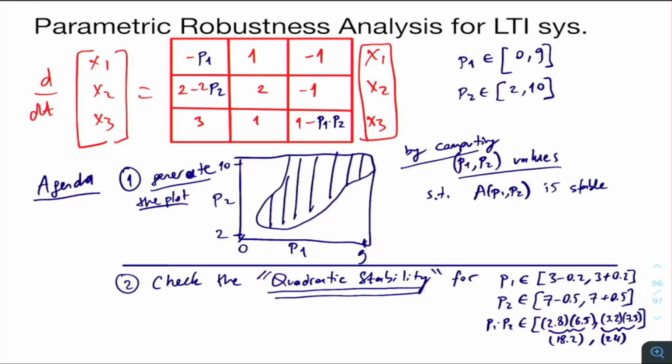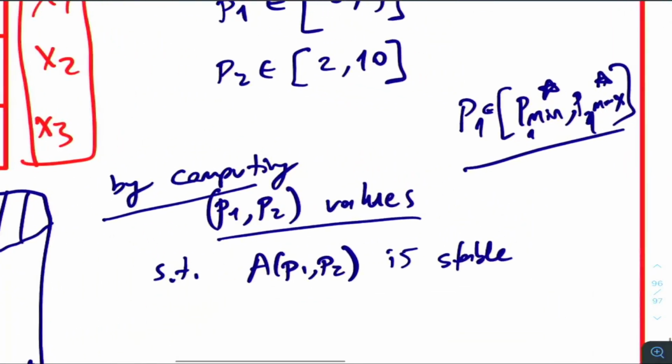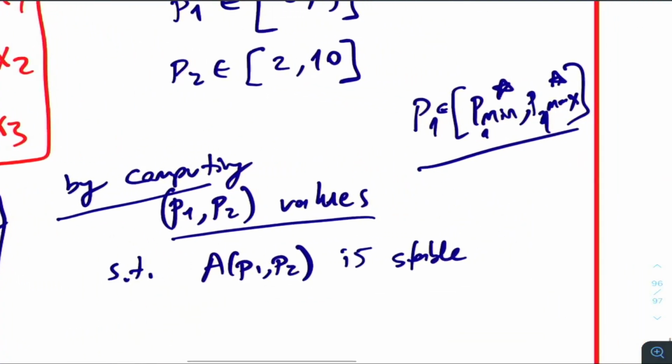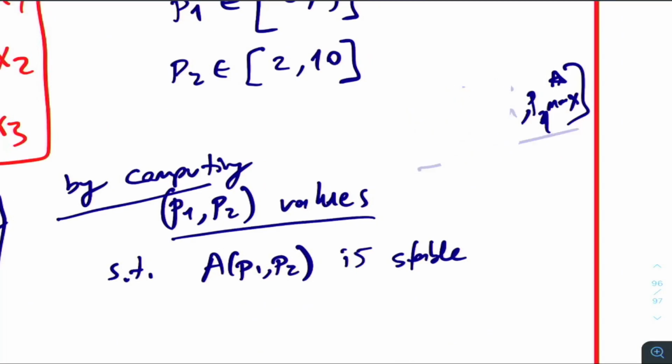However, our system might, for example, be only stable for P1 min star and P1 max star, right? Okay, and we would like to know that. Let me just make it bigger. We would like to know that range, and again for P2 as well.